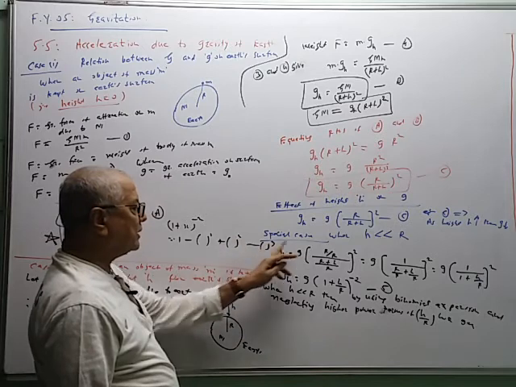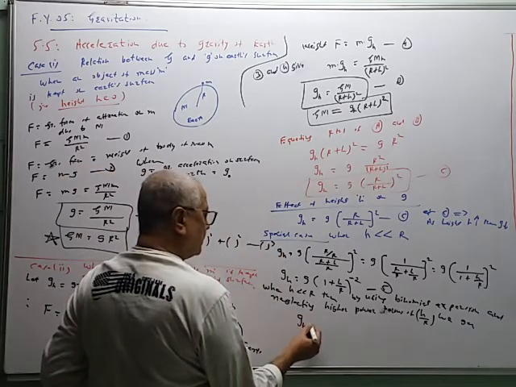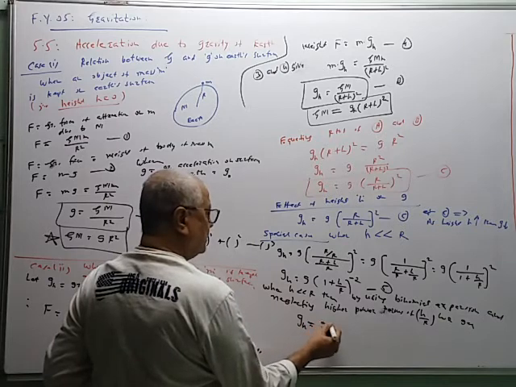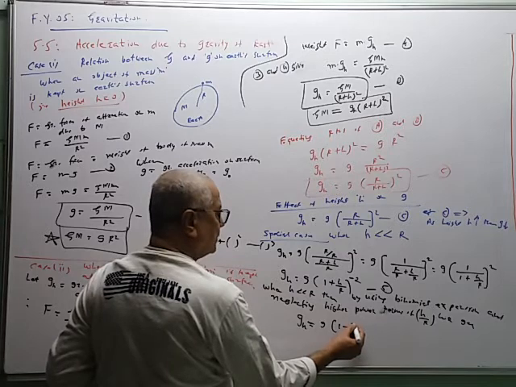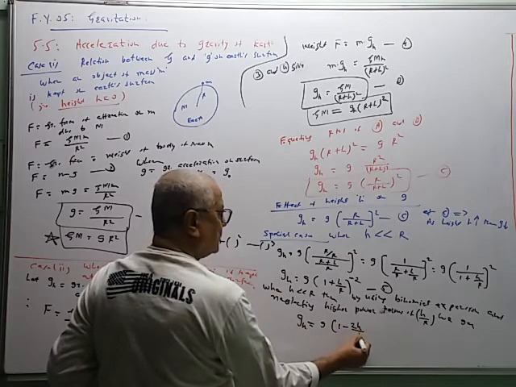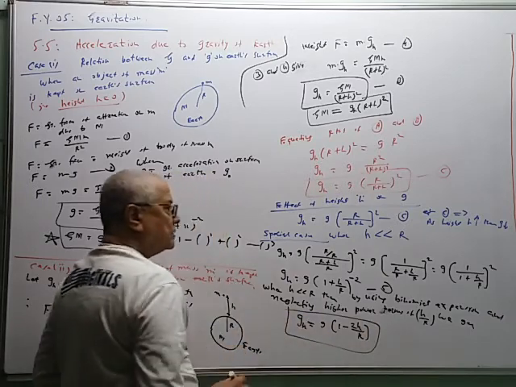So neglected. So only the first two terms are remaining, and therefore gh is equal to g into bracket 1 minus factorial 2 times h upon R. So factorial 2 has value 2, so 2h upon R. So this is again the same result.